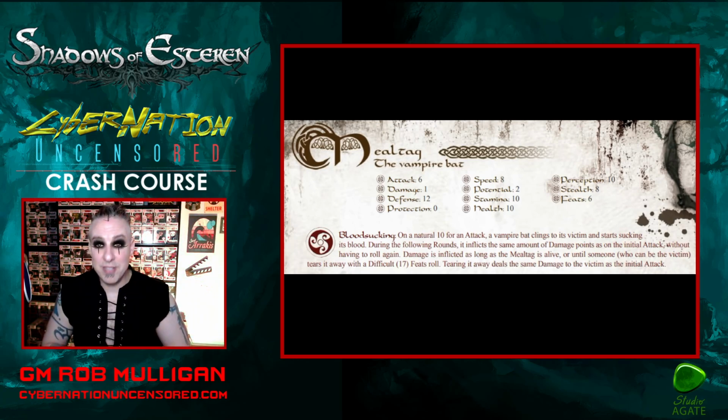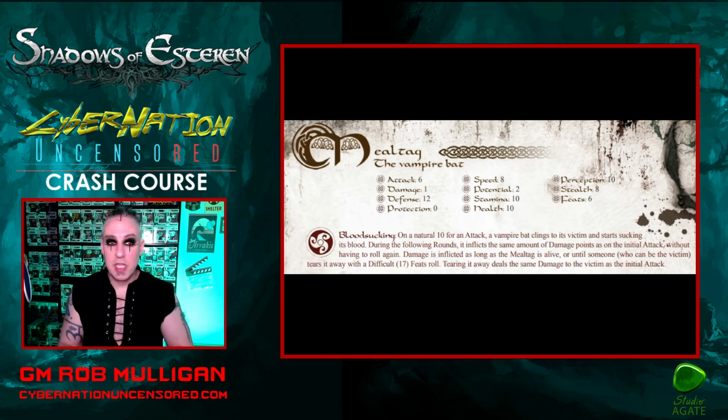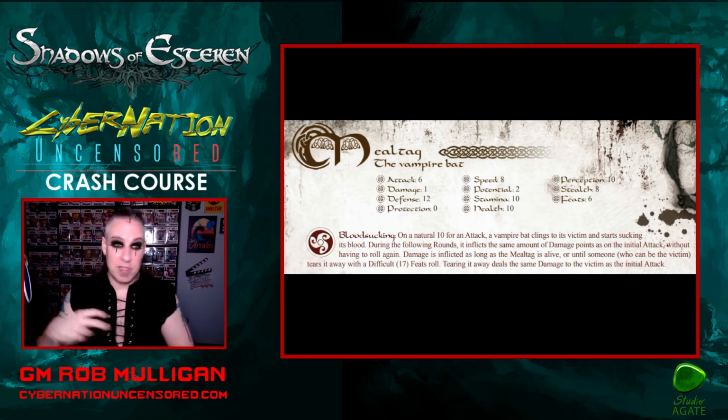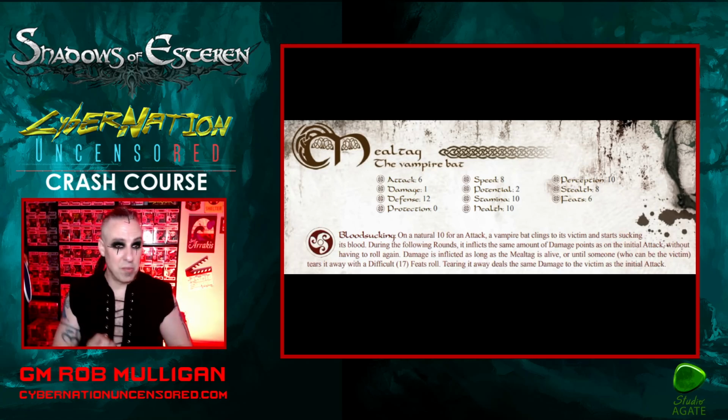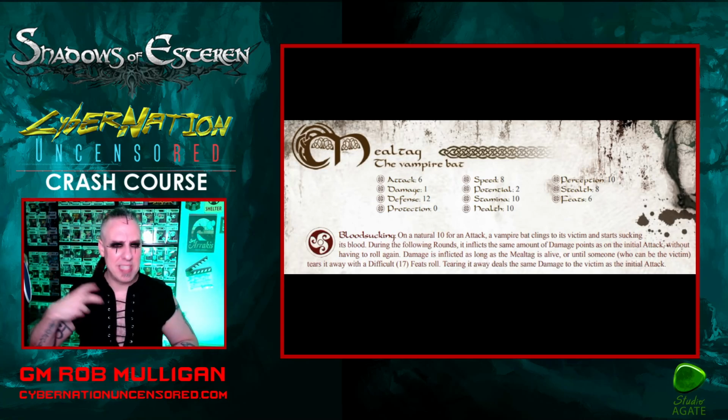Tearing it away also deals the same amount of damage that the victim took during the initial attack. So whatever that initial attack damage is, you take that damage, it's clinging onto you. Every round it's dealing that damage, sucking your blood until you either kill it or yank it off by doing that feats roll, difficulty 17, you or somebody else. And even when you yank it off, it does more damage as you're pulling it out, I imagine, because the fangs are ripping out of your body.